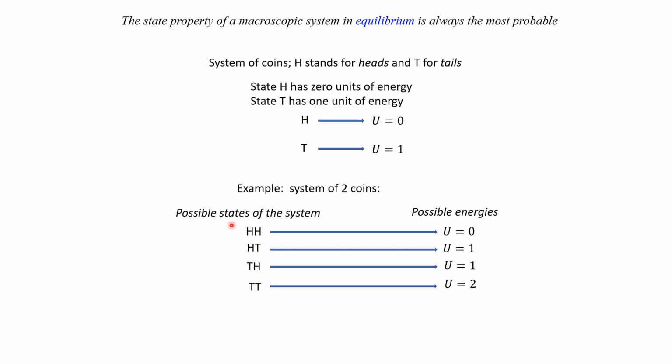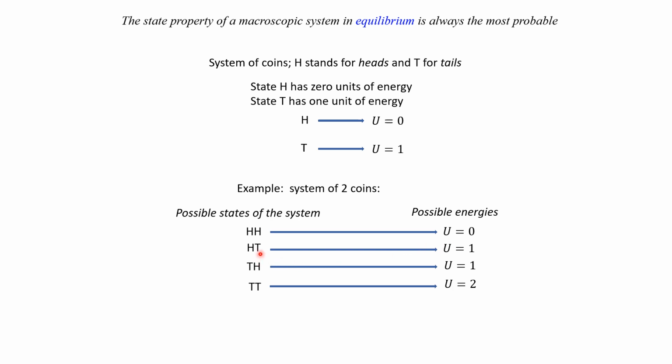Then the possible states of the system are formed by all possible combinations of states of the elements, the coins. For example, HH is one state of the system. HT is another state of the system. TH is another state of the system. And they each have a different energy. In the state HH, both coins have 0 units of energy, so the energy of this state is U equals 0.